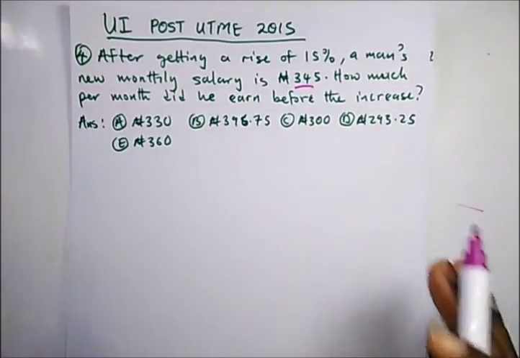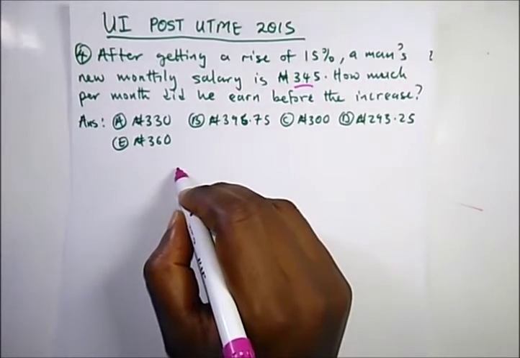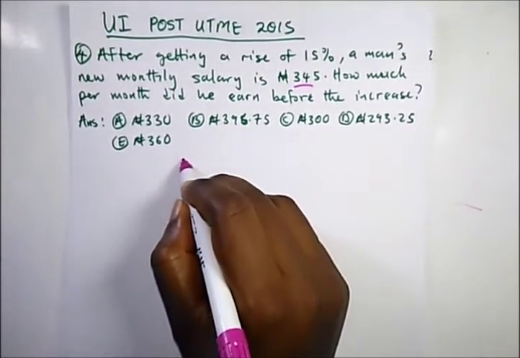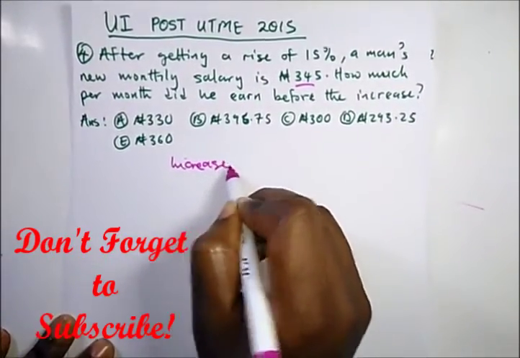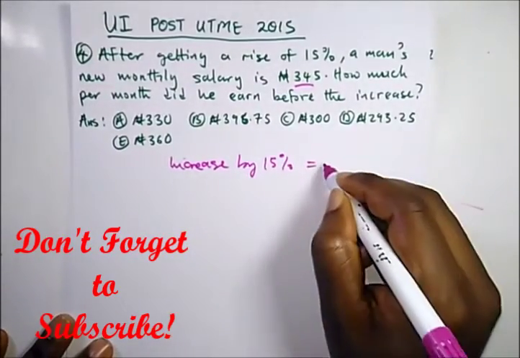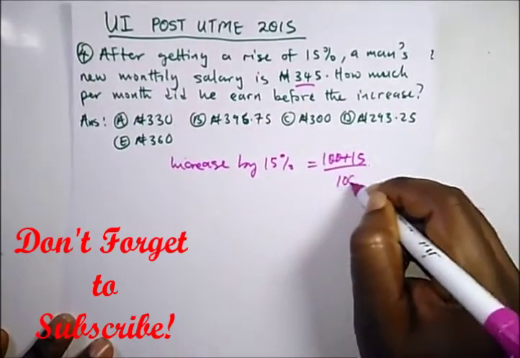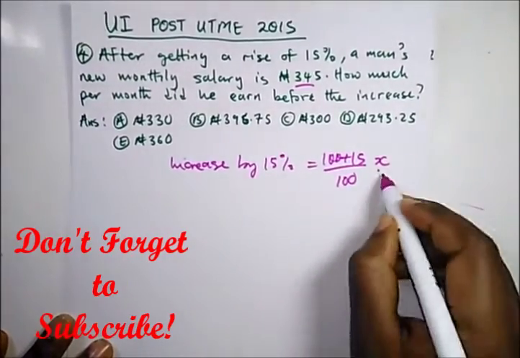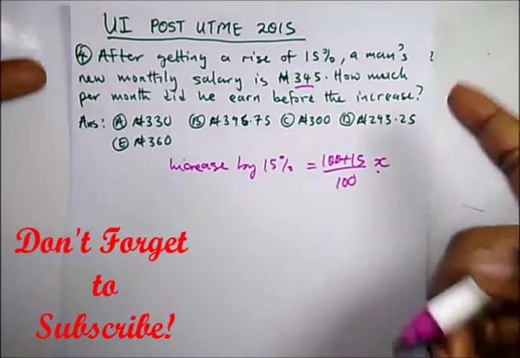Now this is purely percentages, so you must note that when you have an increase in percentage, for example, an increase by 15%, it is equal to 100 plus 15 over 100 times x, which is the initial amount, in this case the man's salary.